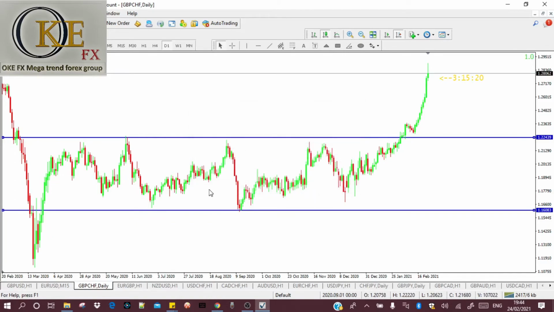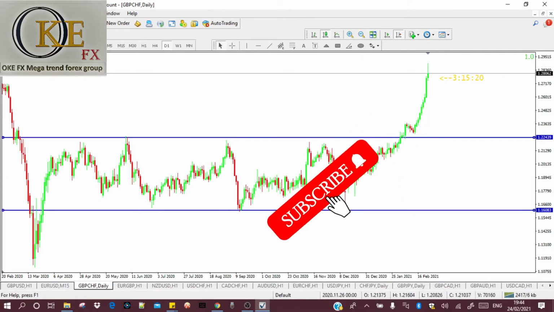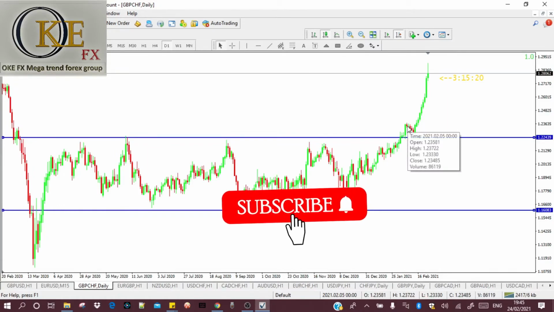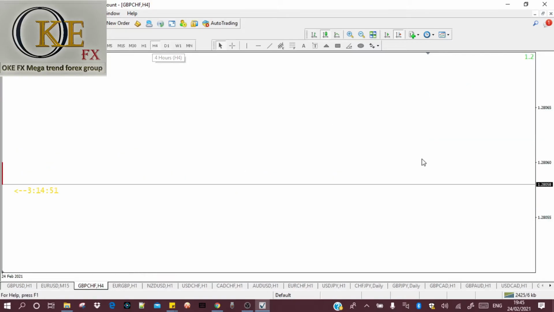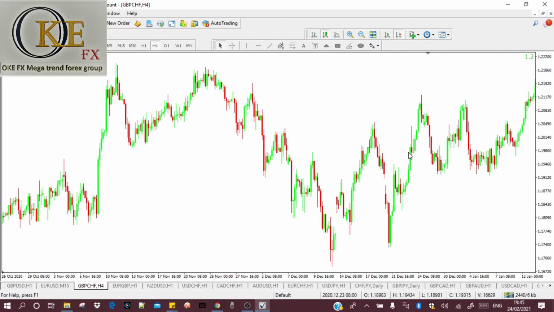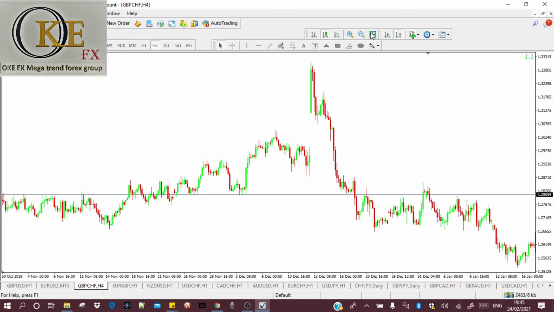Did you notice? So this is basically the range in which this market was trading. This market was just ranging all this while until it broke out from here and started moving. That's from the daily. So now, for someone who understands the concept of support and resistance, going down to the 4 hours time frame, notice what happens. Can you see?